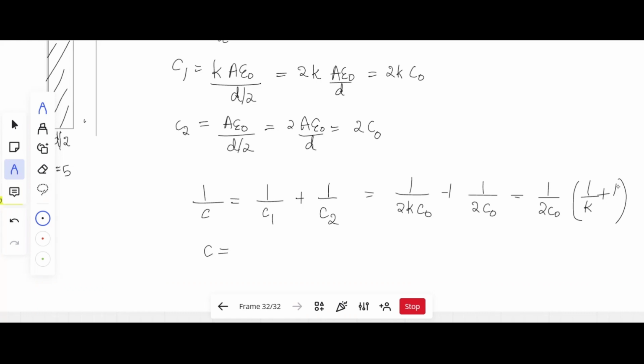So C will be equal to 2K by K plus 1 times C naught, which is 2 into 22 into 10 power minus 6 into 5 by 6. We get this to be 36.7 microfarad.